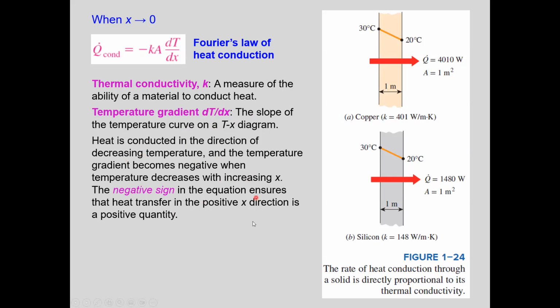Okay, let's read this very carefully. Heat is conducted in the direction of decreasing temperature, and the temperature gradient becomes negative. This dT/dx becomes negative when temperature decreases with increasing x. x is increasing, T is decreasing, so this temperature gradient becomes negative. dx is positive, dT is negative.